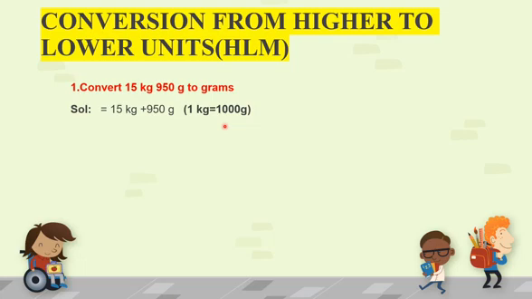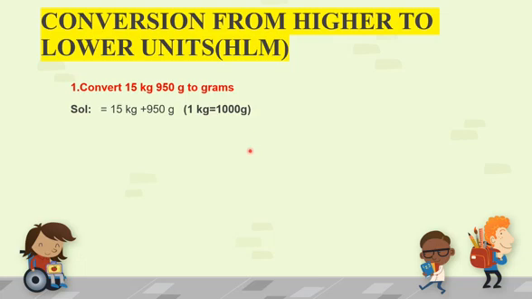There you saw gram being the base unit, then decagram, then hectogram, then kilogram. So 1, 2, 3. From gram to kilogram was how many steps ahead? 3 steps ahead. So 3 zeros. That is why 1 kg equals 1000 gram.